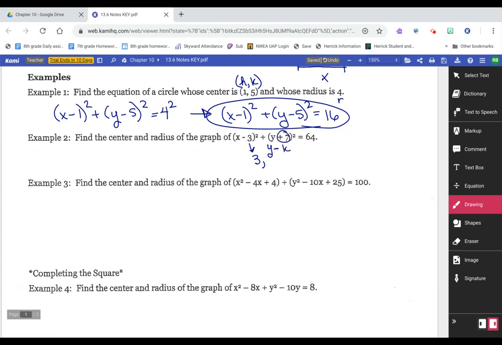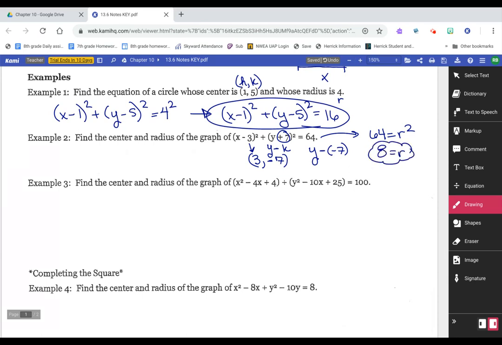So if we have a positive 7, that means it would be a negative 7 for the center, because technically it would be y minus negative 7 in order to be y plus 7. All right, and then the radius: 64 is equal to the radius squared.